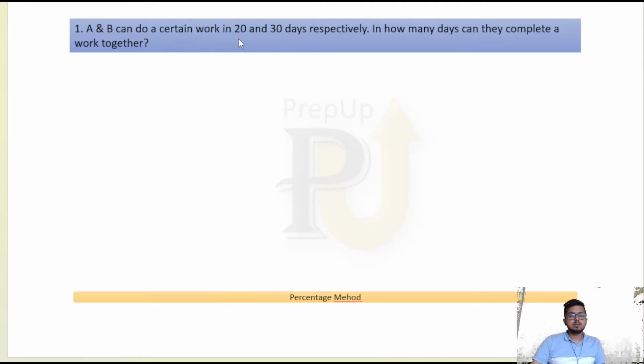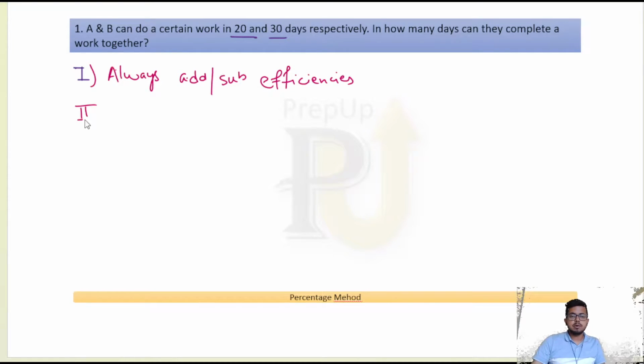A and B can do a certain work in 20 and 30 days. So we would be applying the percentage method, but before that we need two rules to be kept in mind. So what are these two rules? The two rules are that we always add or subtract efficiencies, and never add or subtract the number of days.